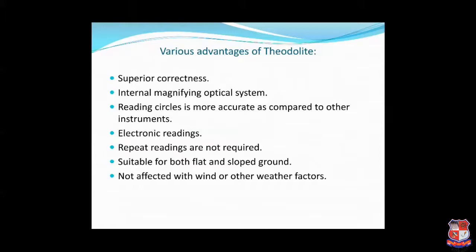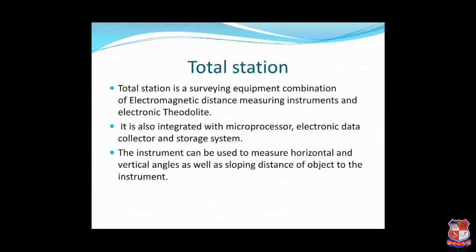Electronic readings mean repeat readings are not required. It is suitable for both flat and sloped ground, so it is quite easy to perform surveying in hilly areas, and it is not affected by wind or other weather factors. These are the advantages of the theodolite.